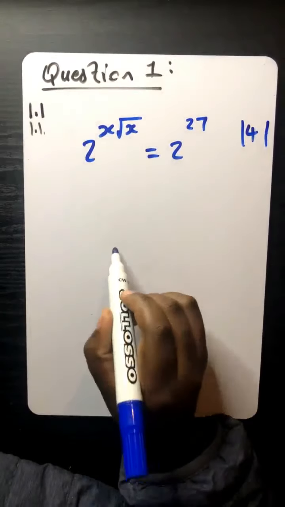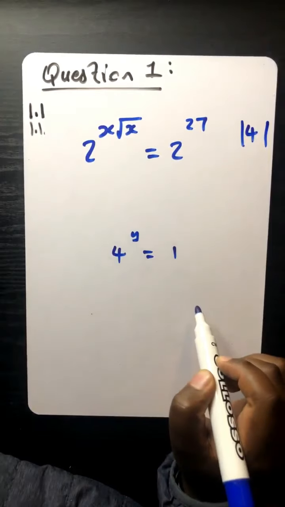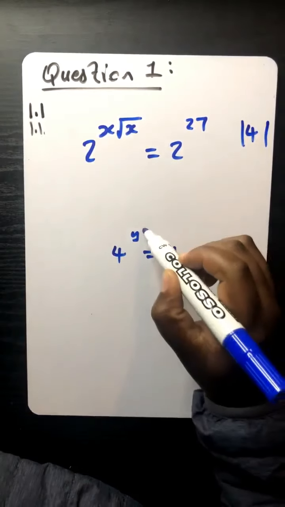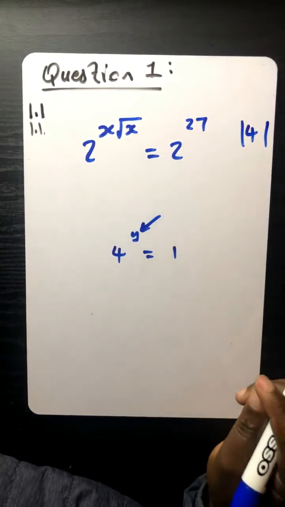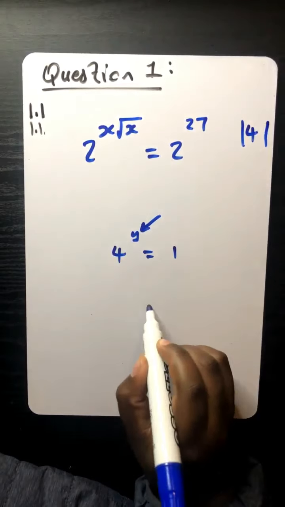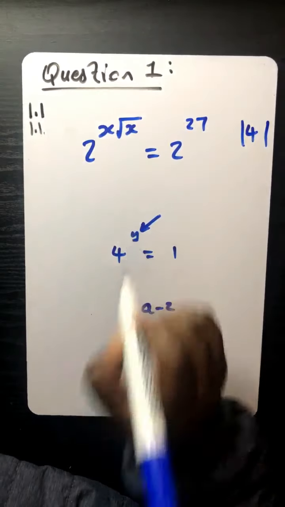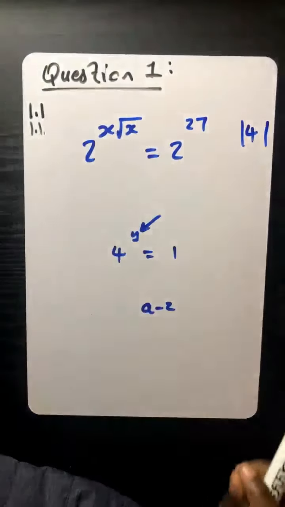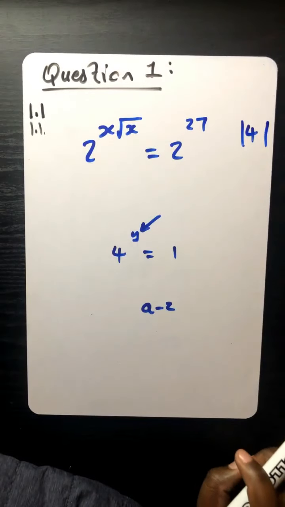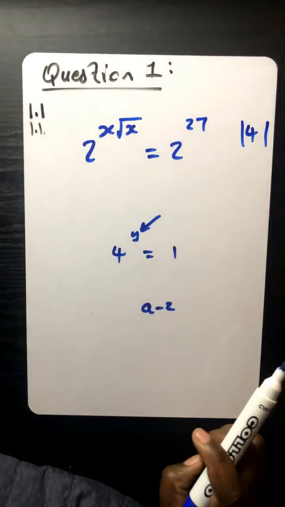It's because the moment I've got 4 to the exponent y, maybe this is equals to 1. I notice my variable, my unknown. What is the unknown? The unknown is any letter from A all the way up to Z. They could have used J, Y, A, B, C, D, E, F, G, whatever the examiner feels like using. They are just going to put it there. But why are they using x in all of the questions?